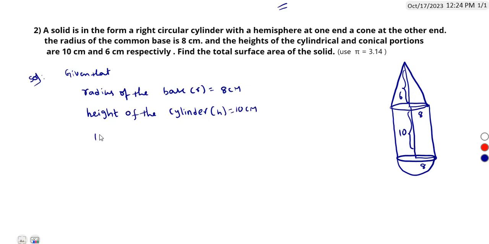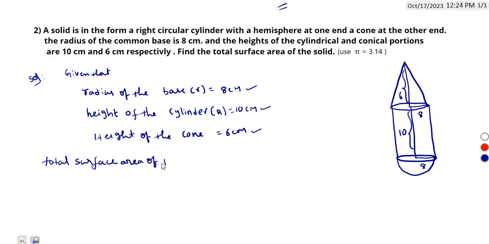Next, height of the cone equals 6 centimeters. So radius of the base 8, height of the cylinder 10 centimeters, height of the cone 6 centimeters. Find the total surface area of the solid.